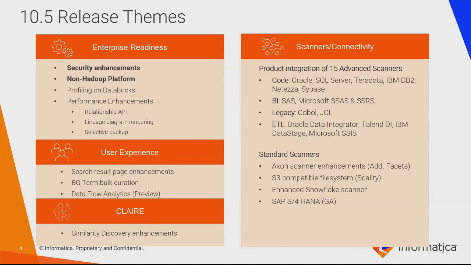Now we have the capability in ETL, legacy, BI, and advanced deep dive capability into all of these, which makes the scanner landscape for Informatica more complete than any other organization today.